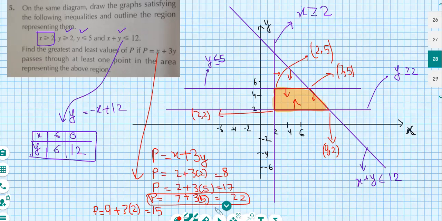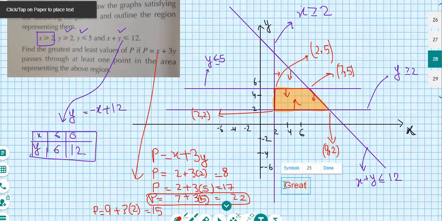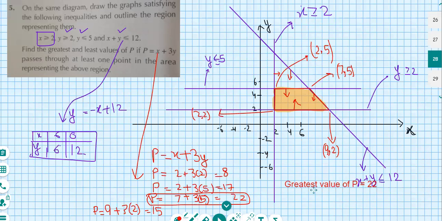So the greatest value of P will be 22, which is actually within the region. So you can write here greatest value of P equal to 22. All right, which one is the least value? 8, 17, 22, and 15.